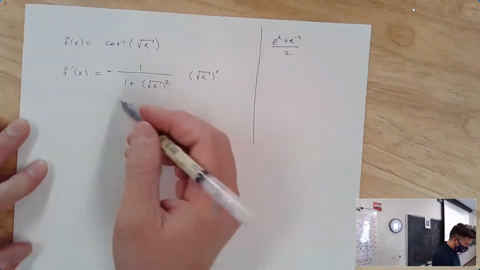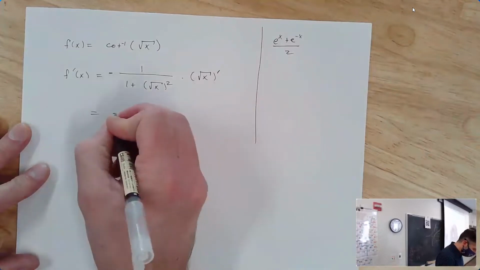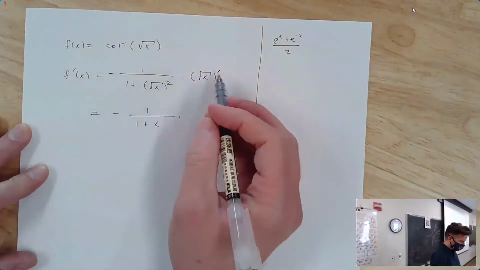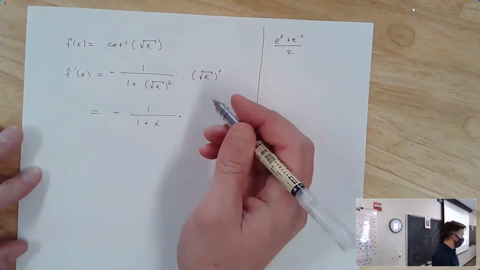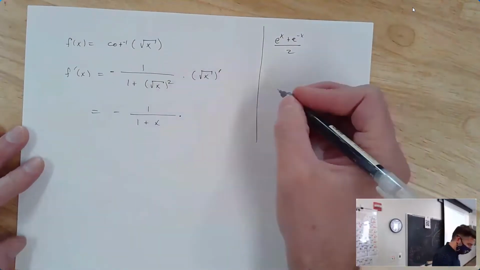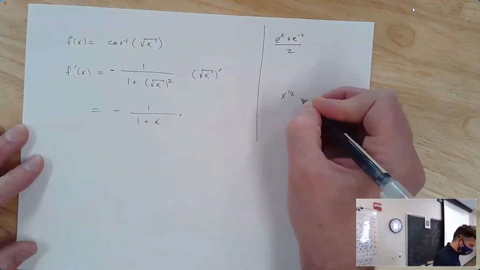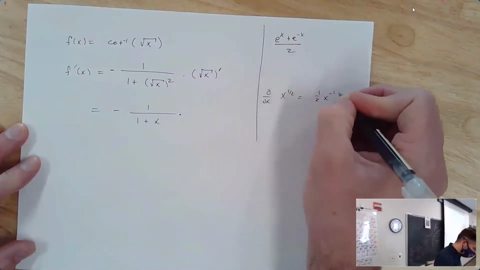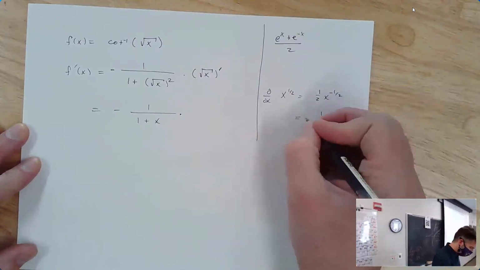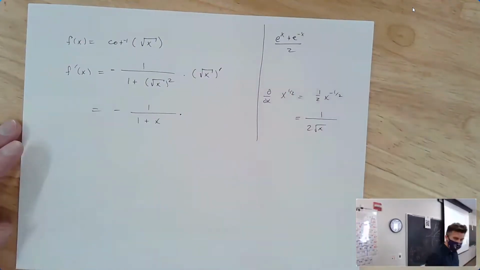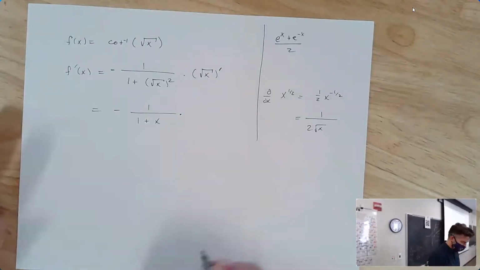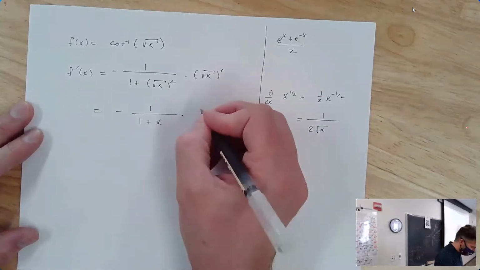I would simplify this a little bit. So this is going to be negative 1 over 1 plus x. And the derivative of the square root of x, I do think it's really worth memorizing. I know you could write it as x to the 1/2, and then the derivative of that is 1/2 x to the minus 1/2, which you could rewrite as 1 over 2 root x. The derivative of the square root of x comes up often enough that it is worth memorizing: the derivative of the square root of x is 1 over 2 root x.